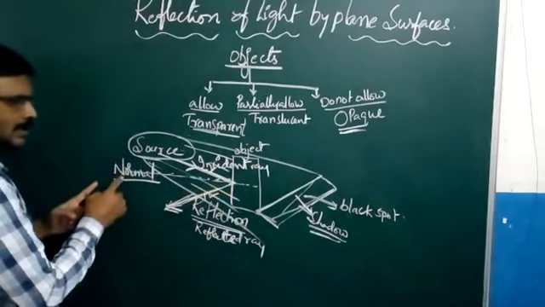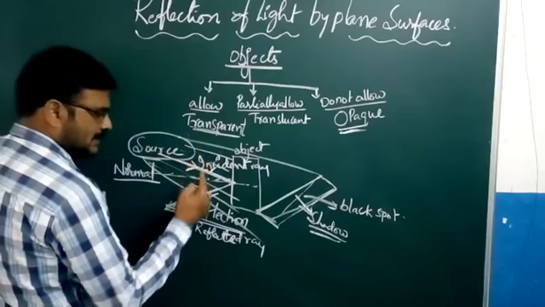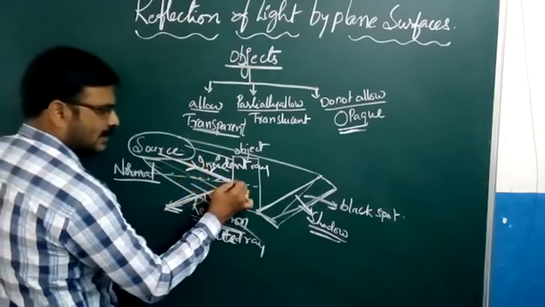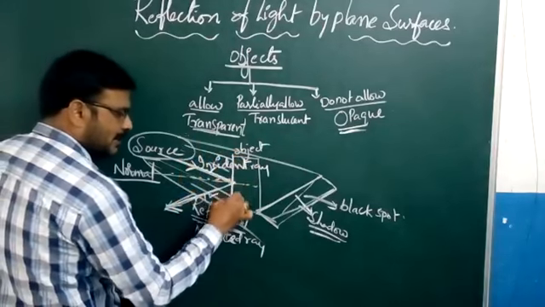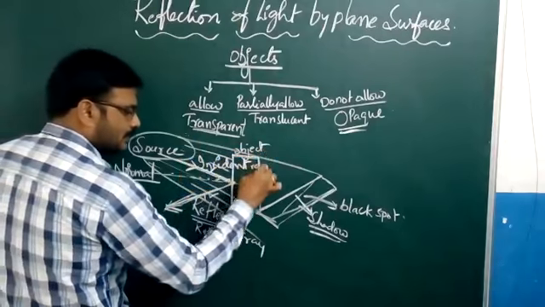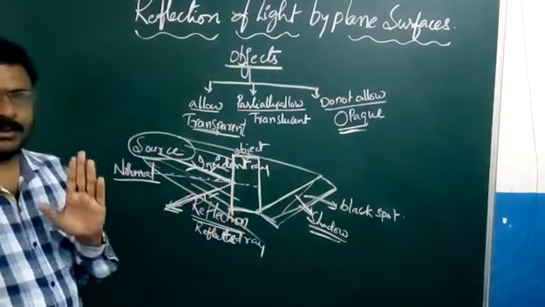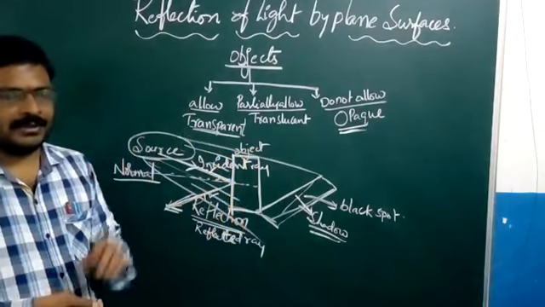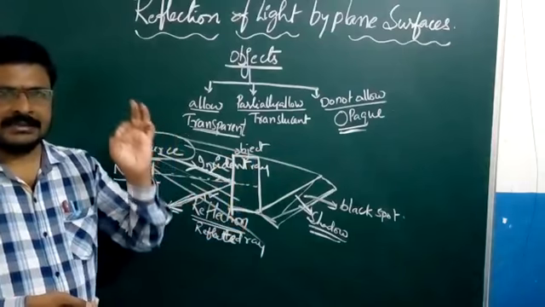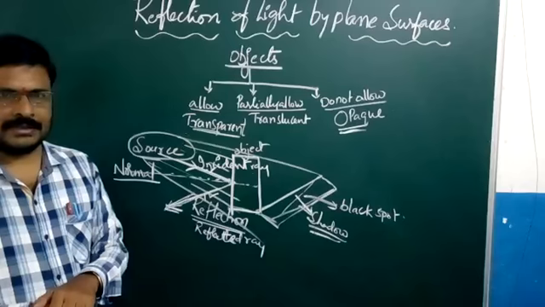So this is the normal. The normal, the incident ray and the reflected ray lie on the same plane on the opaque body. That is considered the first law of reflection.